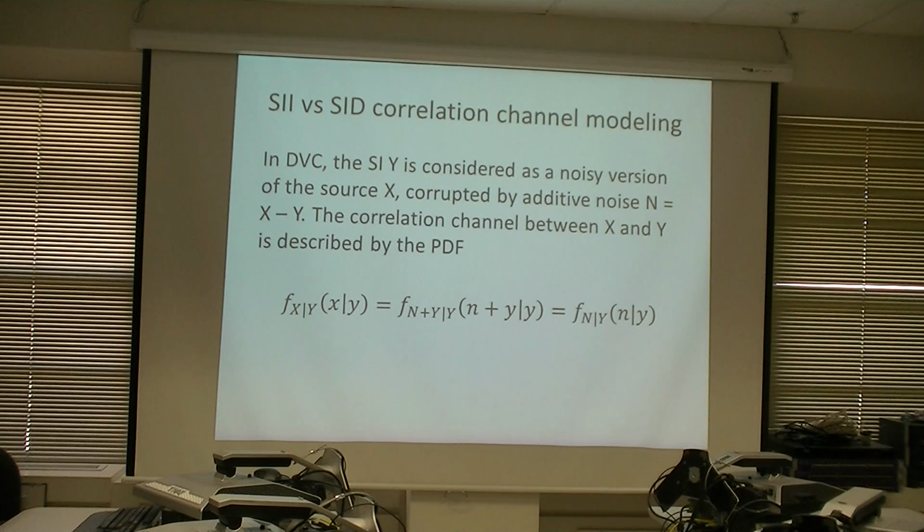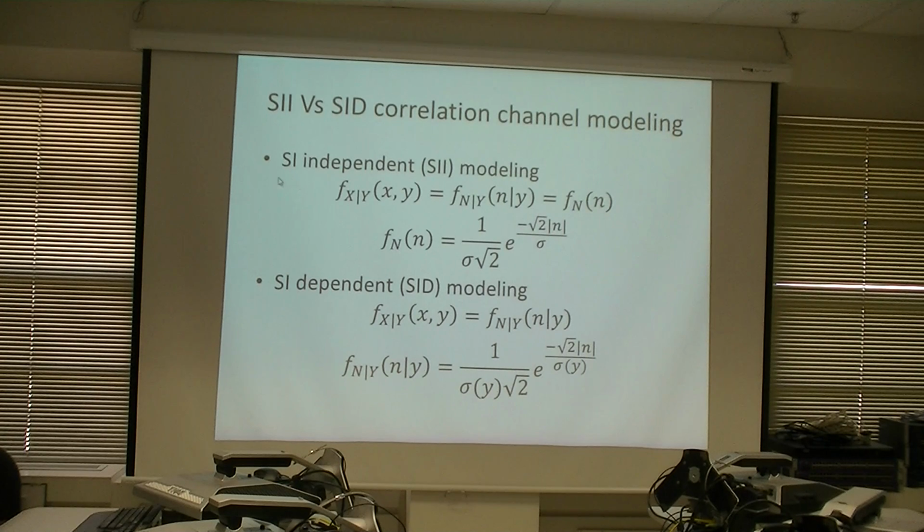In DVC, suppose we have two sources, X and Y. Y is considered as the noisy version of the source X, corrupted by digital noise. So the correlation channel between X and Y is defined by the probability density function f_{X|Y}, which equals f_{N|Y}.